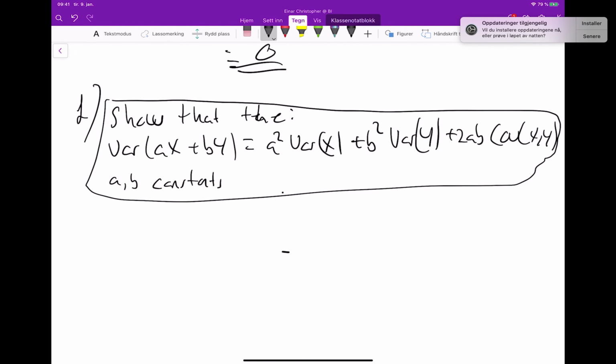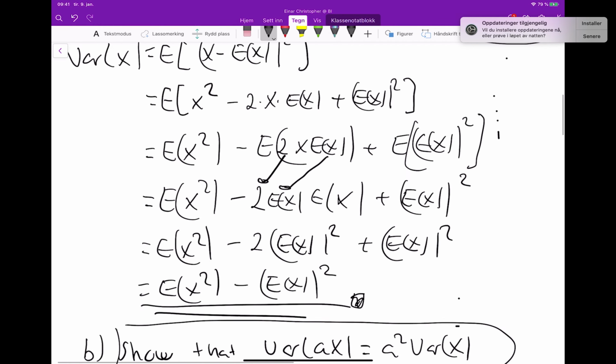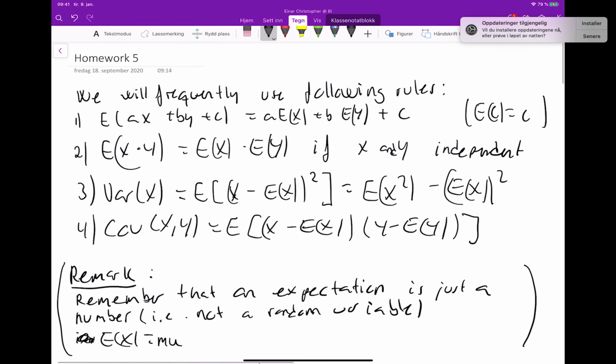We're going through, as we have done many times, rule 3 here.